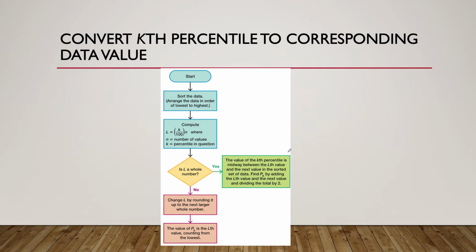We find P sub k by adding the Lth value and the next value and dividing the total by 2. If L is not a whole number, then we round it up to the next larger whole number, and the value of P sub k is the Lth value, counting from the lowest up to that point.